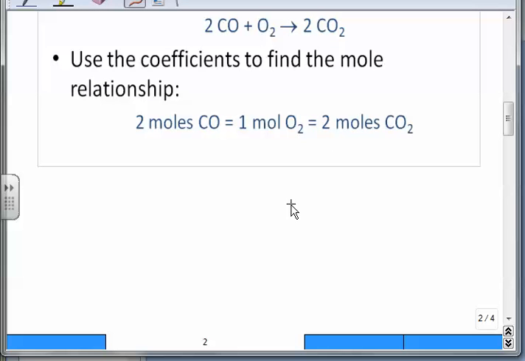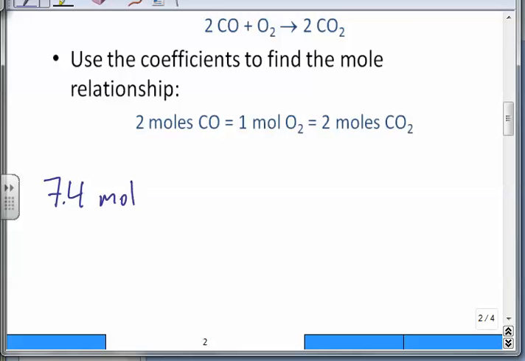Okay, so we're given in the problem that we start with 7.4 moles of carbon monoxide.